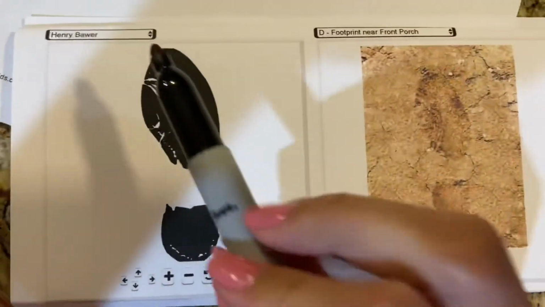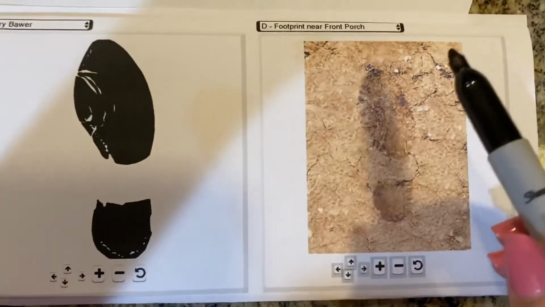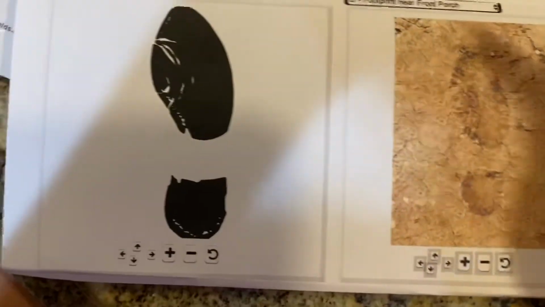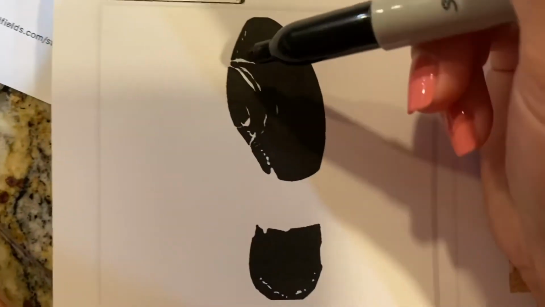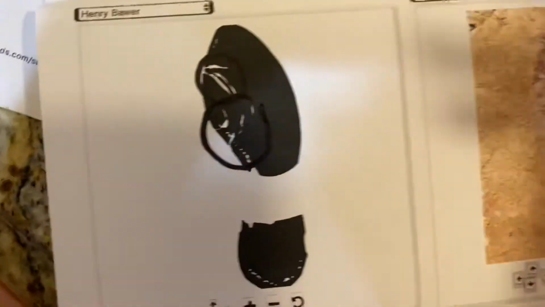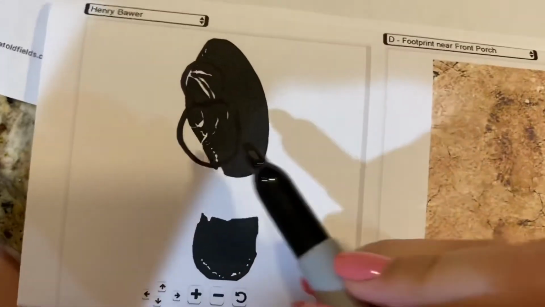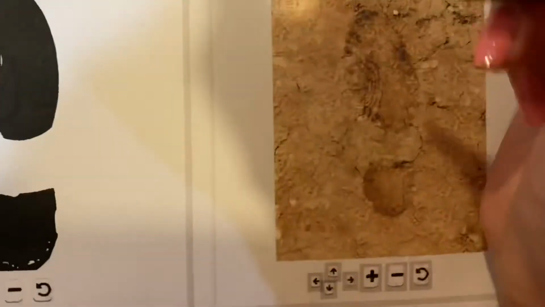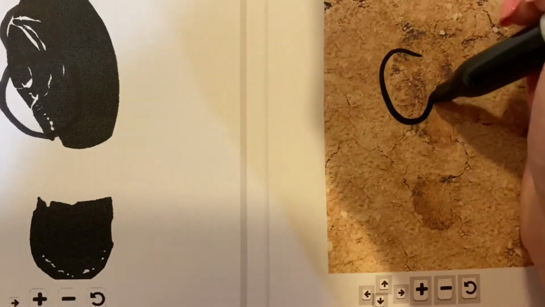Here we have Henry Bauer's footprint, and we will be comparing it to the footprint found near the front porch. Looking at the big patterns in Henry Bauer's shoe print, we can see that up here and over here we have distinctive patterns that are found in his shoe print. Looking at the evidence found of this footprint, we can see that that same pattern is found in the same upper left-hand corner over here.